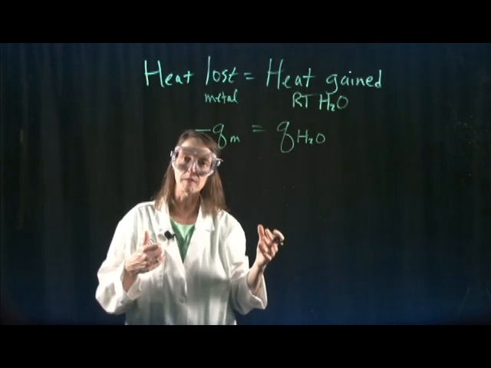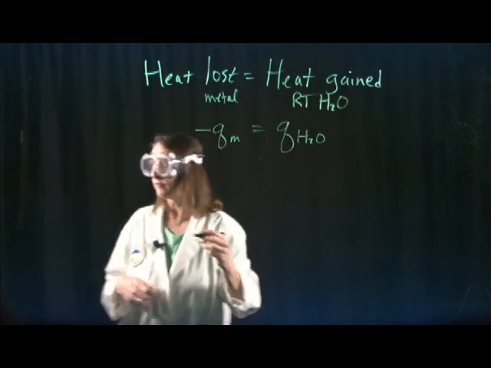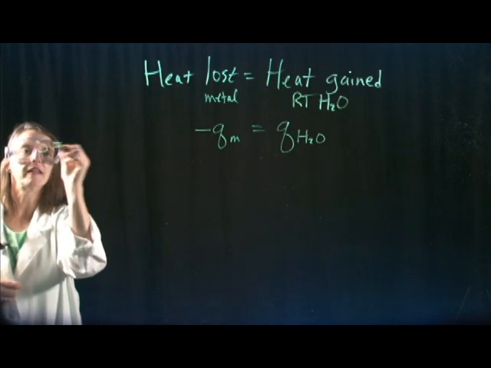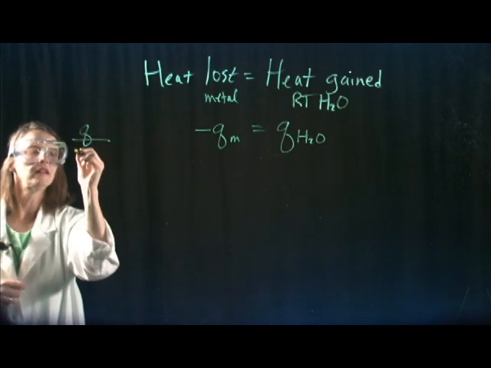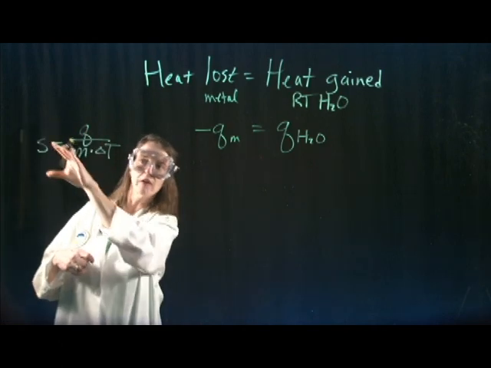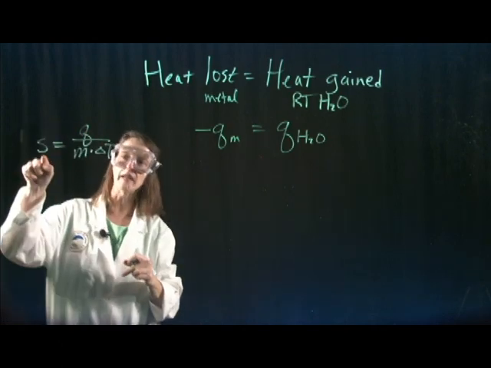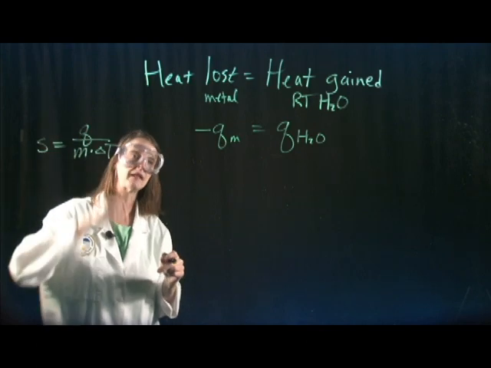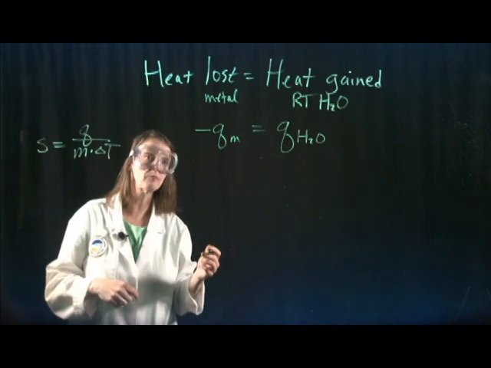And we know from the specific heat capacity equation, right, specific heat capacity is equal to heat divided by mass times change in temperature. And when we rearrange this equation to solve for heat, we have specific heat capacity times mass times change in temperature.